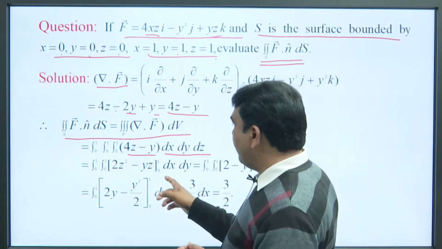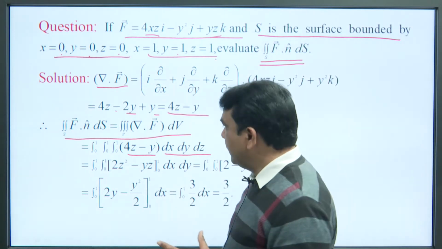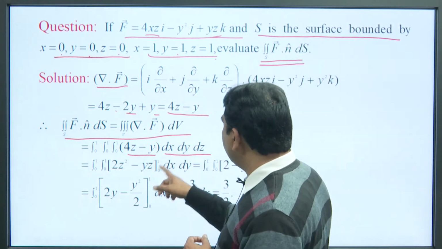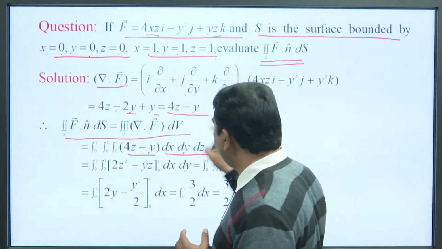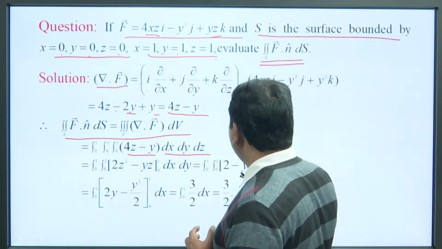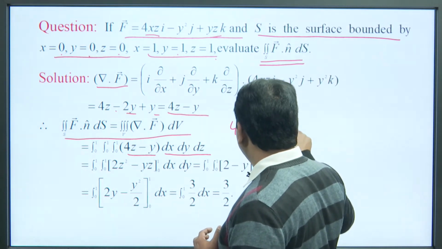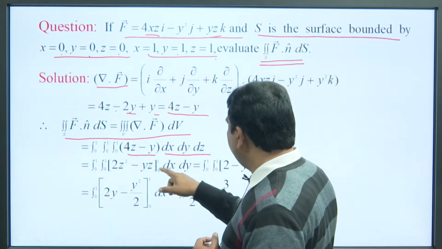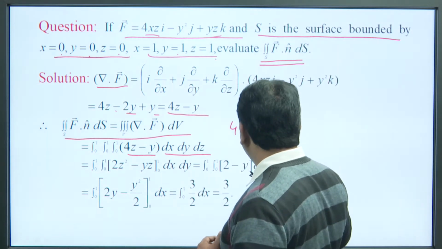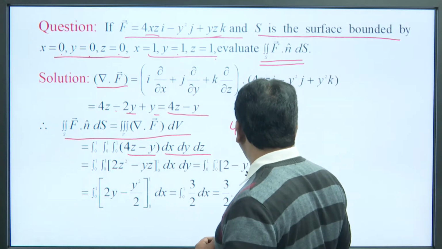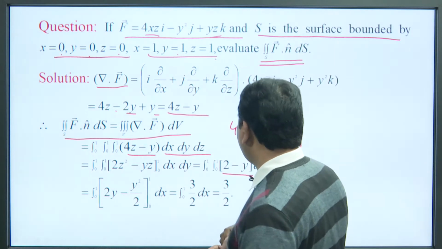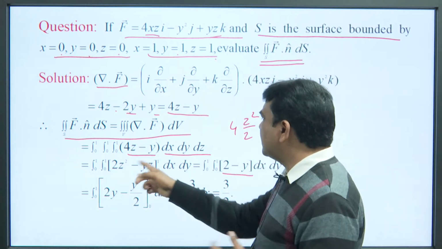Now, we have to evaluate the integral with the concept of evaluation of a triple integral. If you first integrate with respect to z, we get 4 into z square by 2 minus y z. When we put the upper limit, we get 4 by 2, that is 2, minus y, and when we put the lower limit, its value becomes 0.